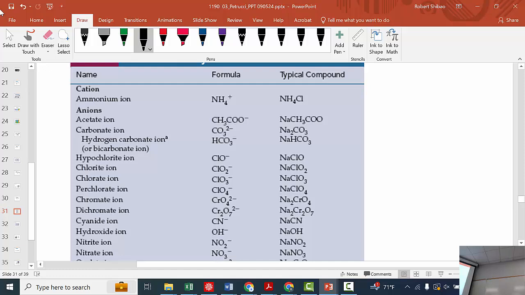Chromate would make chromic acid. Dichromate would make dichromic acid, although you don't see some of these because the chromate and the dichromate depend on pH. One is stable at low pH, the other is stable at high pH. Depending on the acidity of the solution, that switches these.